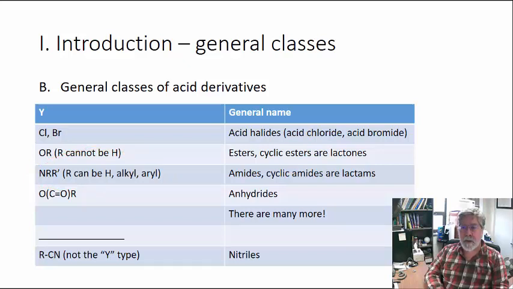R and R prime could be the same group: two hydrogens on the nitrogen, two alkyl groups, perhaps methyls, or R could be a hydrogen and R prime could be a methyl. So we can mix it up a little bit there.